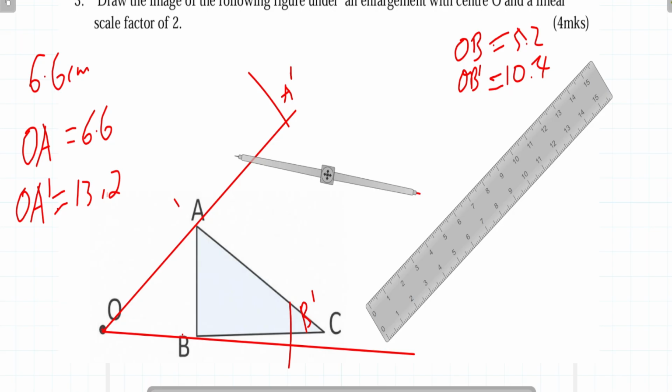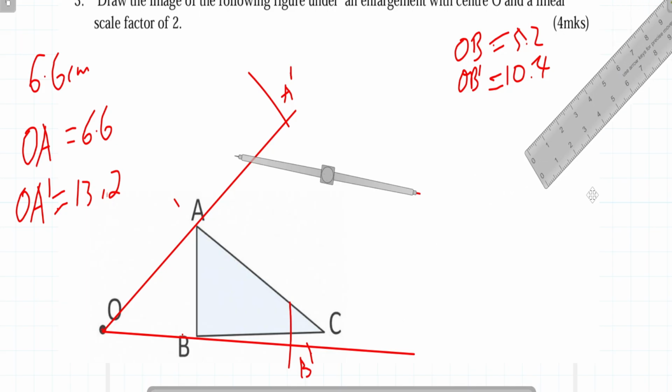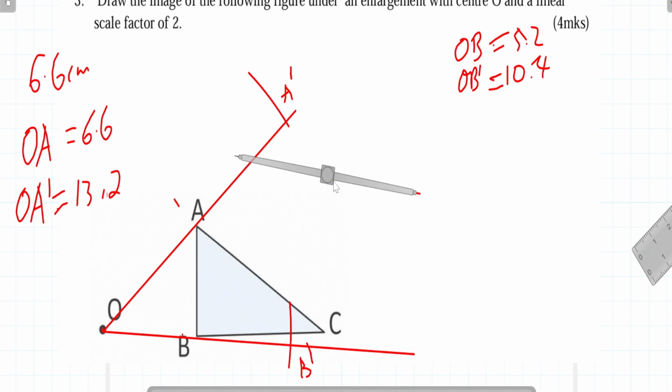Then we are left with the difference, so it will block. So this is B prime. This is B prime. C prime is remaining now. Okay, leave that, so now OC from the same one here. From C it is 12.2.